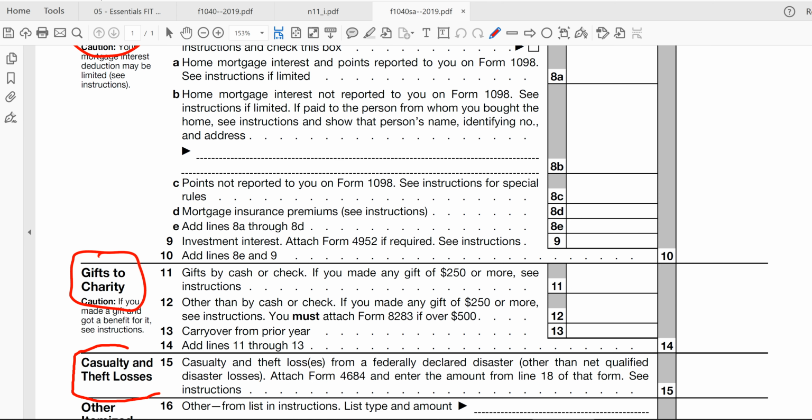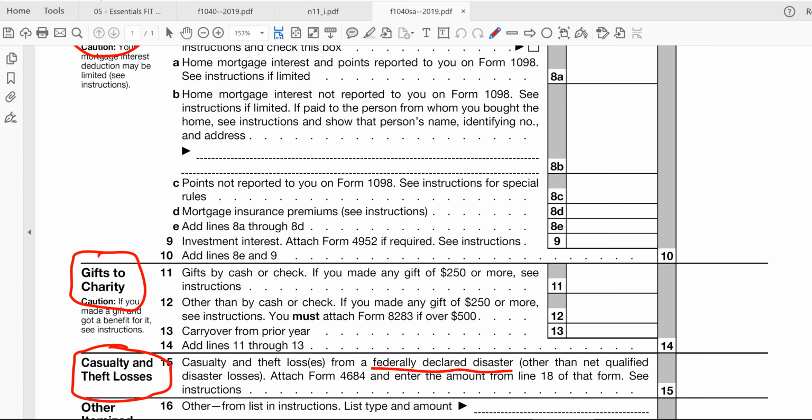Casualty and theft losses probably will not apply for most taxpayers. The general rule is that it has to be from a casualty in a federally declared disaster area, typically like a hurricane or those big wildfires in California right now, or flooding.